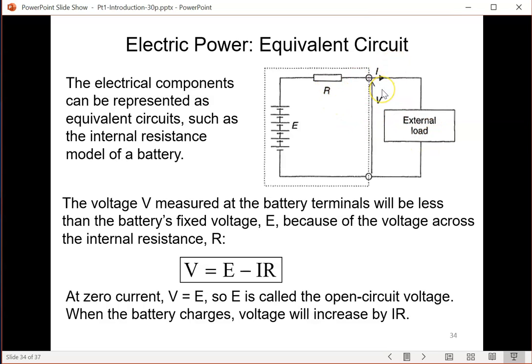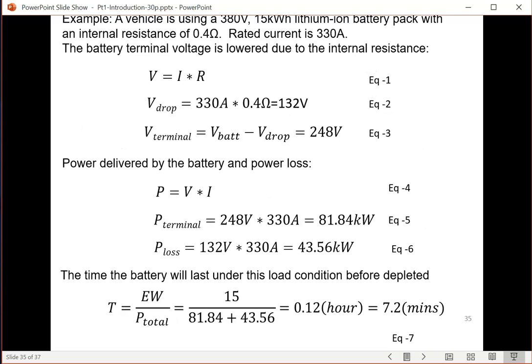That will give you the current. In this case, if the resistance is high, then we're probably not going to draw that much current. Therefore, the battery will last longer.